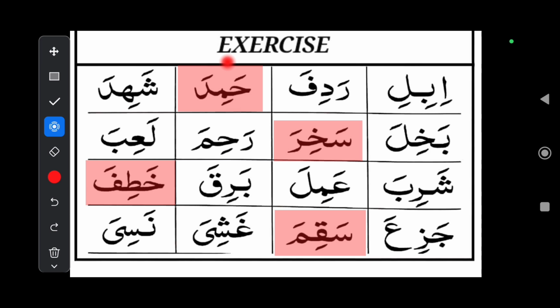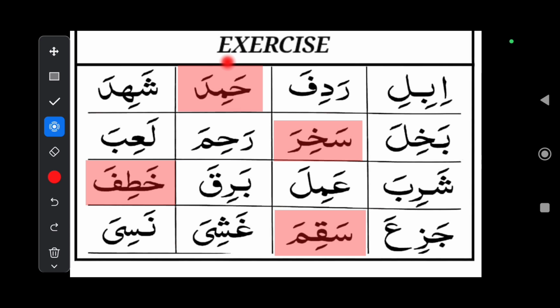What is it? What is the articulation point of ha? Ha comes out from the middle part of the throat. Yes. Ha. Zabar ha. No. Give some effort on your throat.